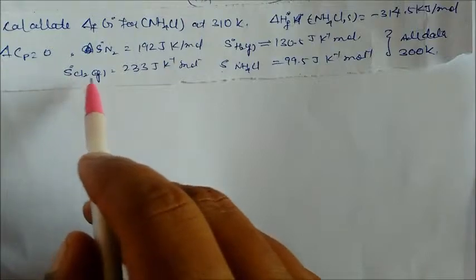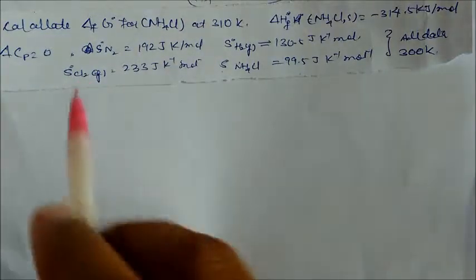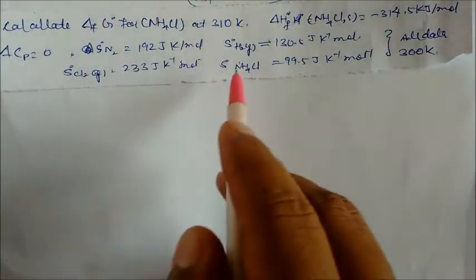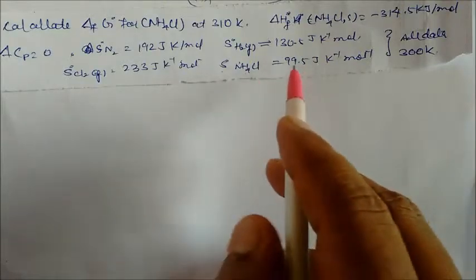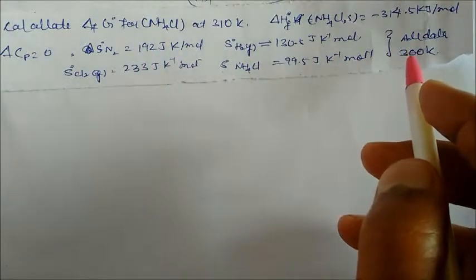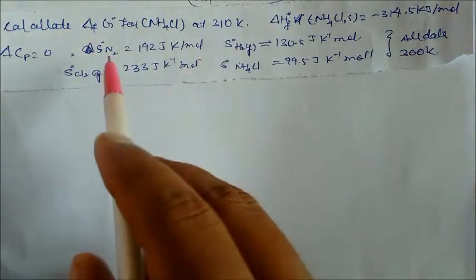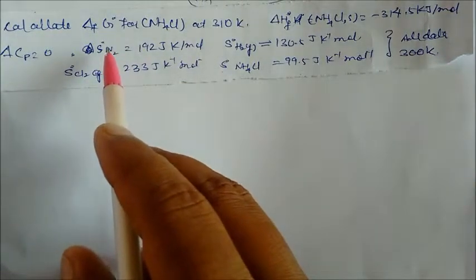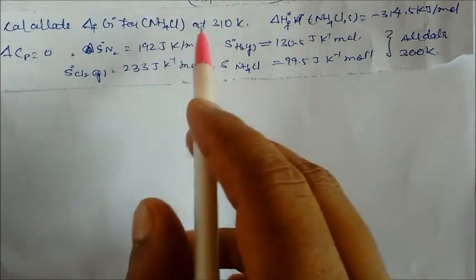For Cl2, the standard entropy is given as 233, and the standard entropy for ammonium chloride is given as 99.5 joule per Kelvin per mole. So all the data is at 300 Kelvin. Here we have to find out the free energy, that is delta G at 310 degree centigrade.